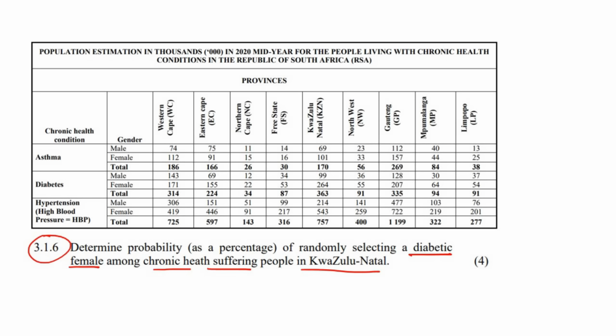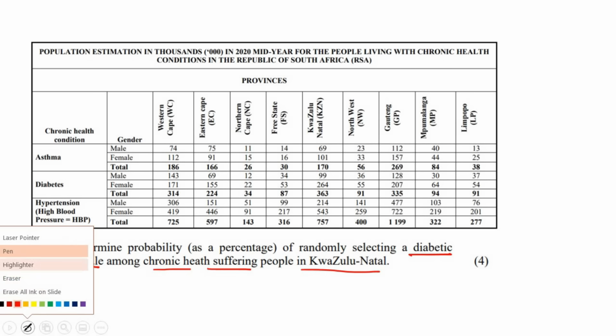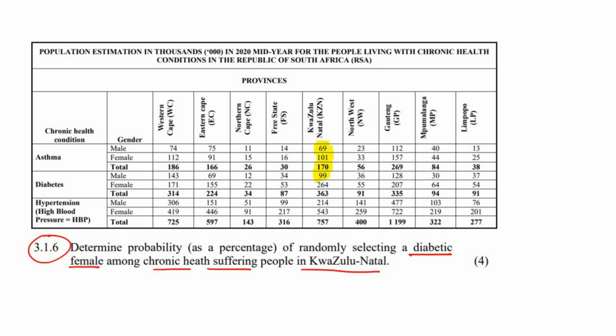So we're only looking at KwaZulu-Natal. How many people are suffering in KwaZulu-Natal with chronic health conditions? Well, that would be the 170 plus the 363 plus the 757. So that's your total.